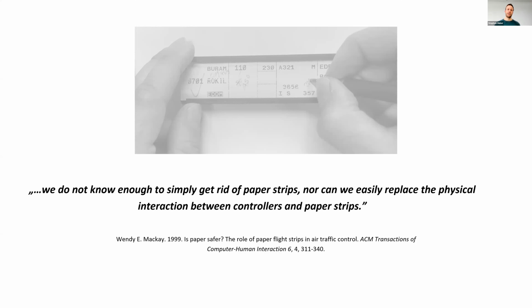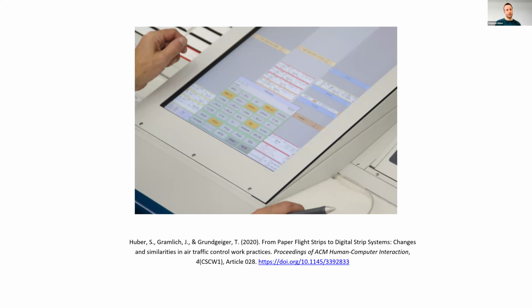This small flight strip here plays a really important role also internationally. She predicted that the physical interaction between controllers and paper strips is not very easily to be replaced. However, eventually those paper flight strips were replaced either by electronic flight strips or by entirely stripless systems.